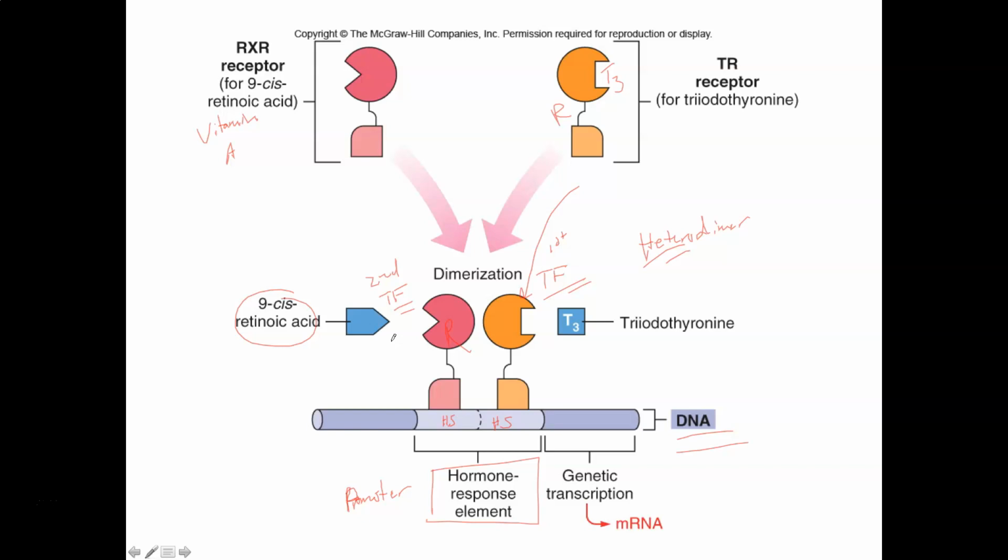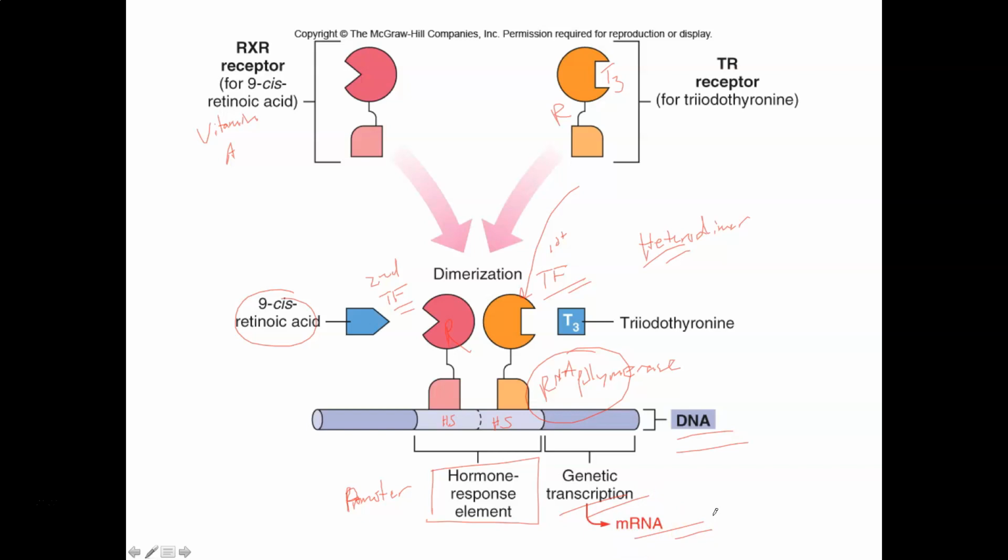Once those two different structures bind to the hormone response element, then you can bring in your RNA polymerase, and then you can have transcription take place. Transcription will lead to the production of messenger RNA. So think of heterodimer as like step 5.